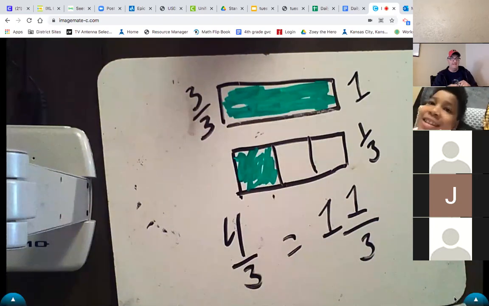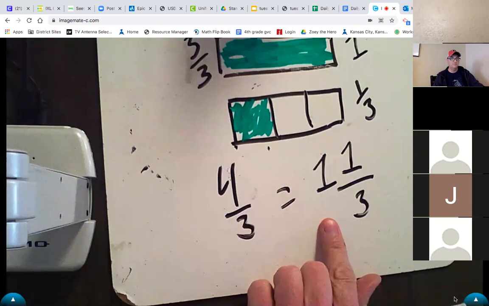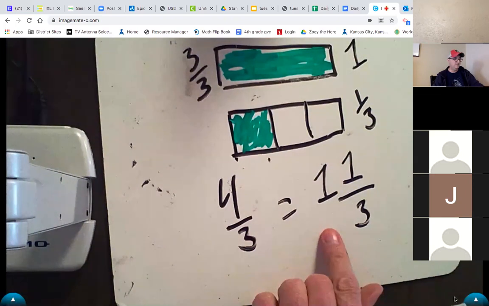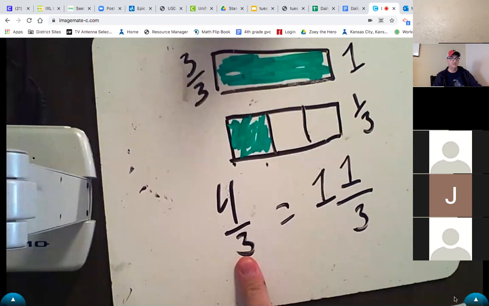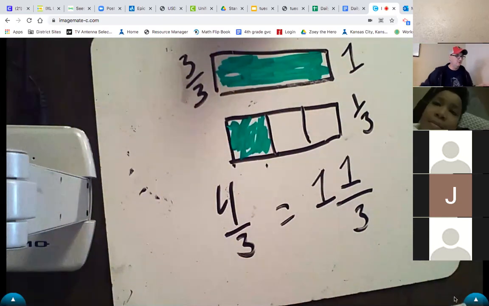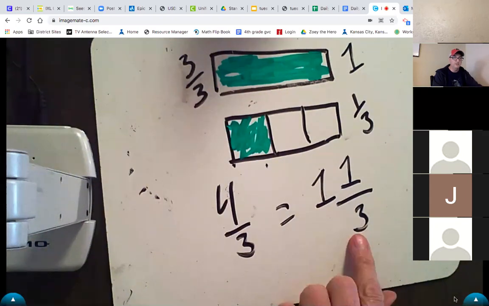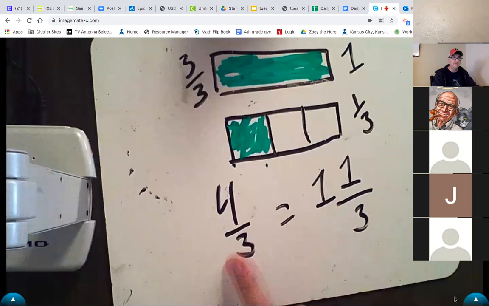You're going to find that any improper fraction is going to have a mixed number that it's equal to, and any mixed number is going to have an improper fraction that it's equal to. One of the things that we might work on in 4th grade is knowing when to change them back and forth.